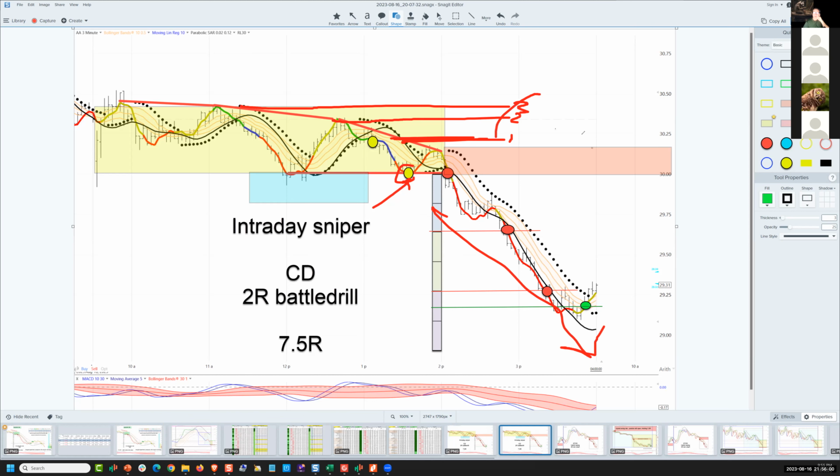Any one of those 3 gives you this one. So what's your hurry? I like this one. So now we get this, and now look what we got. We got lower highs. Now what are we going to call this entry?